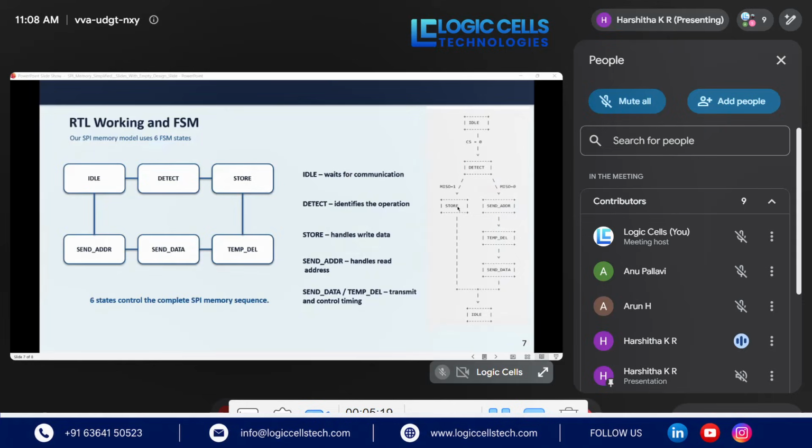In the store state, it stores the received data in the memory and the FSM moves to the idle state. If MISO is 0, it moves to the send address state, waits for the temporary delay, and sends data through MOSI. After completing the operation, the controller moves to the idle state.